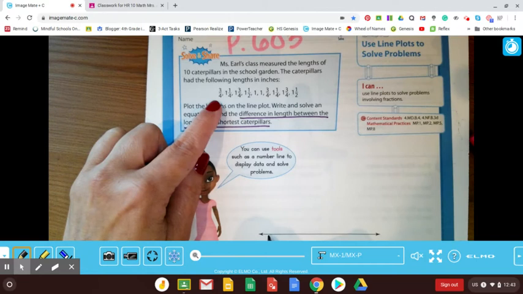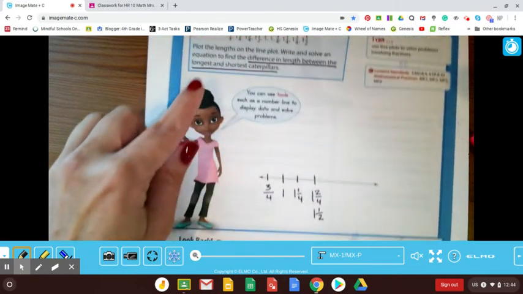So if I wanted to, I could start with 3/4 here. And then 4/4 would come next, which is one whole, right? And then I want to do 1 1/4, and then 1 2/4, which would also be the same as 1 1/2, right? It doesn't really matter.